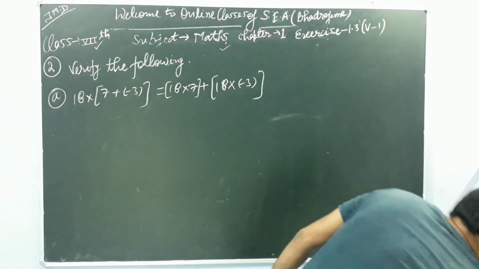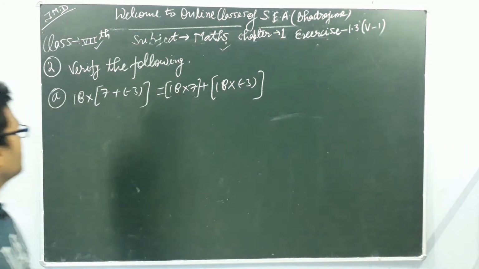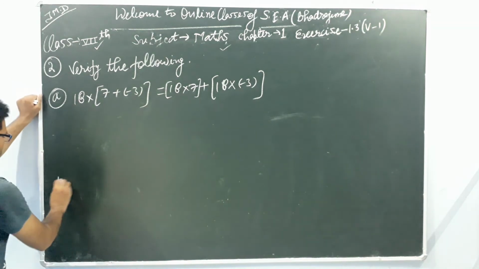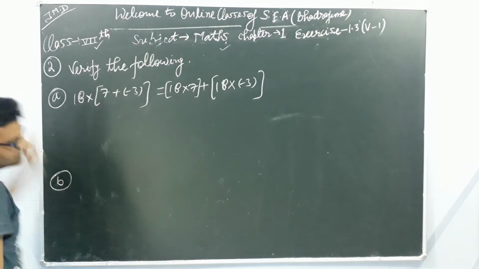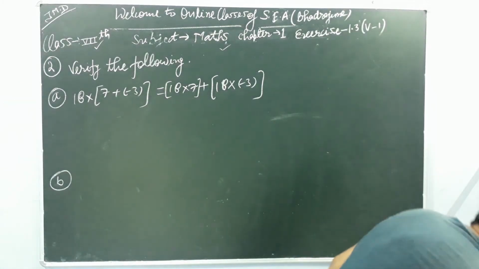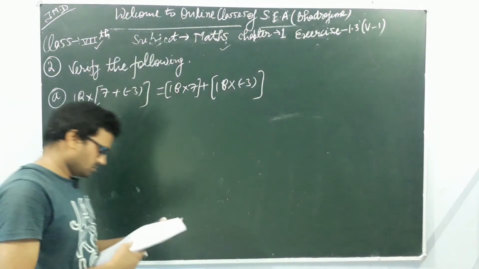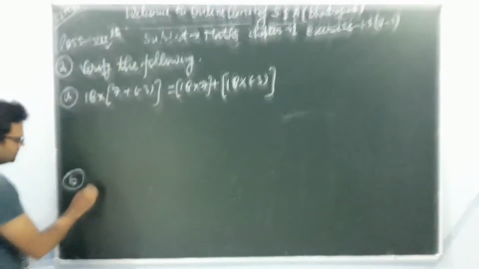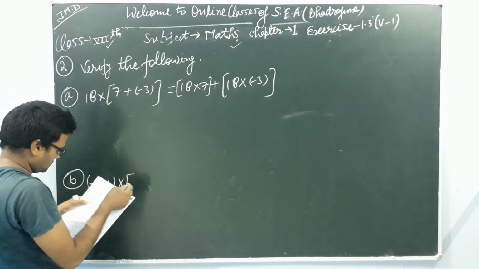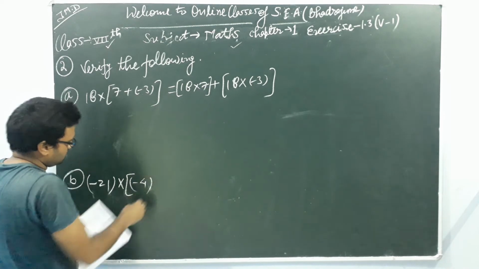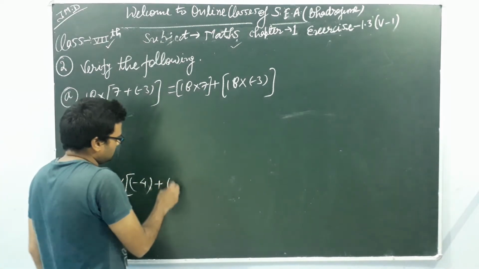Okay, so here I am writing part B also along with our part A. Question number second, what is our part B? Minus 21 multiplied with minus 4 added with minus 6.